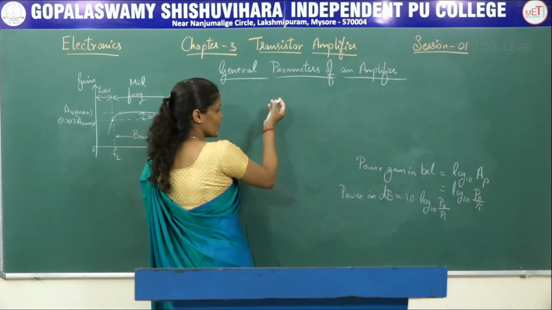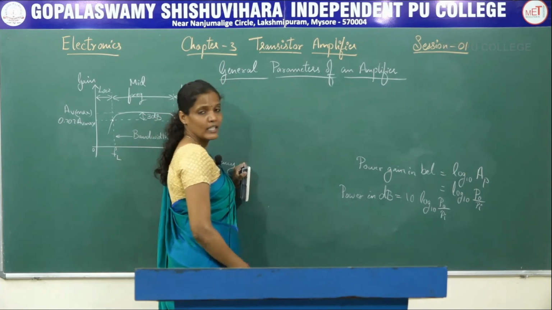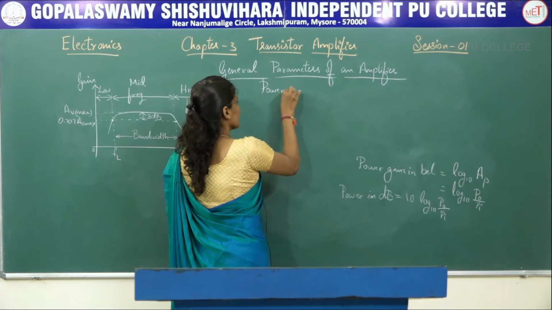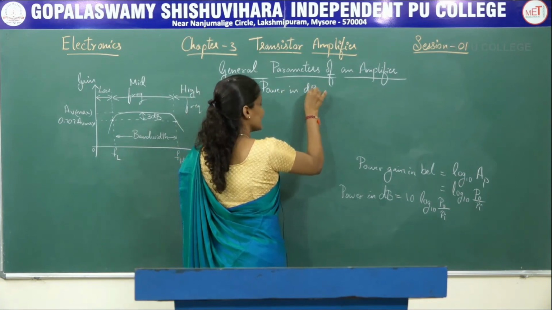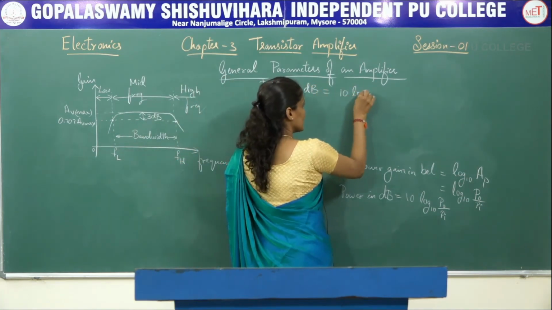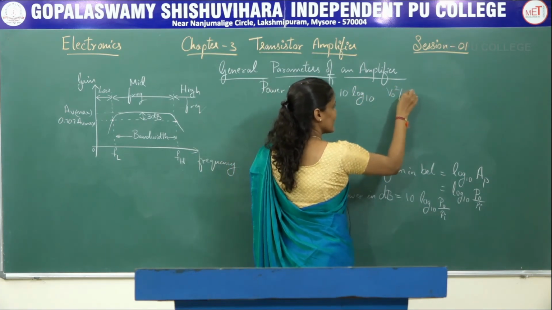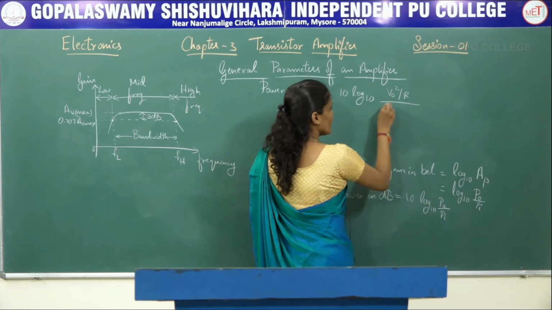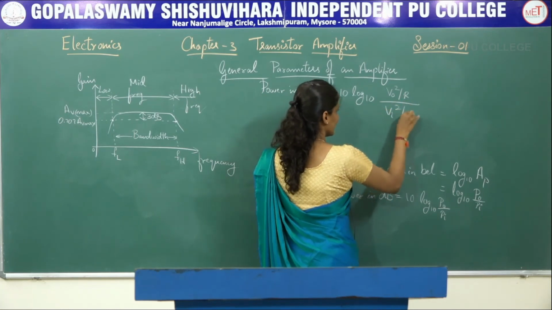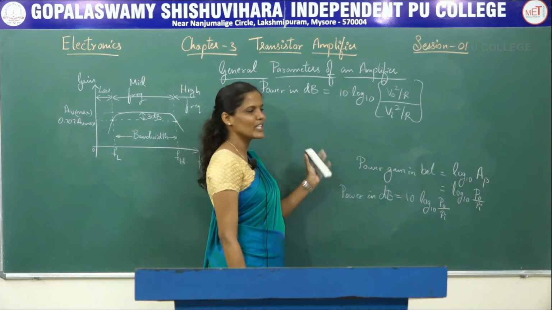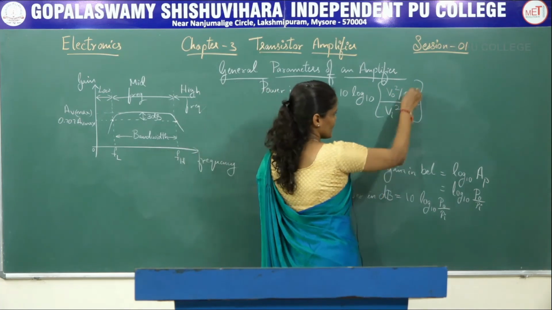Here P naught can be written as V square divided by R. So power gain in decibels is equal to 10 log to the base 10 of V naught square divided by R over Vi square divided by R, where V naught is the output voltage and Vi is the input voltage. So R gets cancelled.